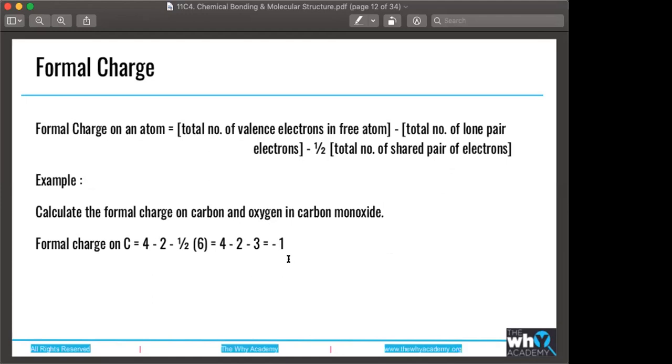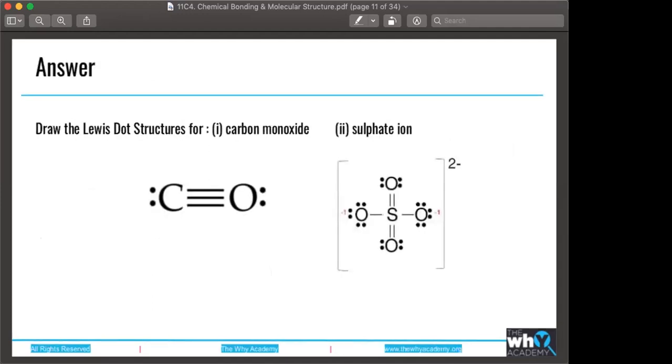So what is the significance of these formal charges? What does it tell us? It shows whether your molecule is neutral, or positive like a cation, or negative like an anion. Absolutely. So by adding formal charges you can figure out neutral, positive, or negative.